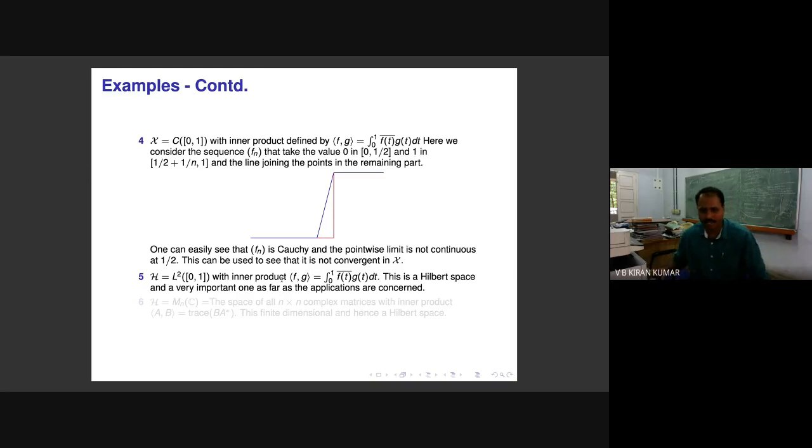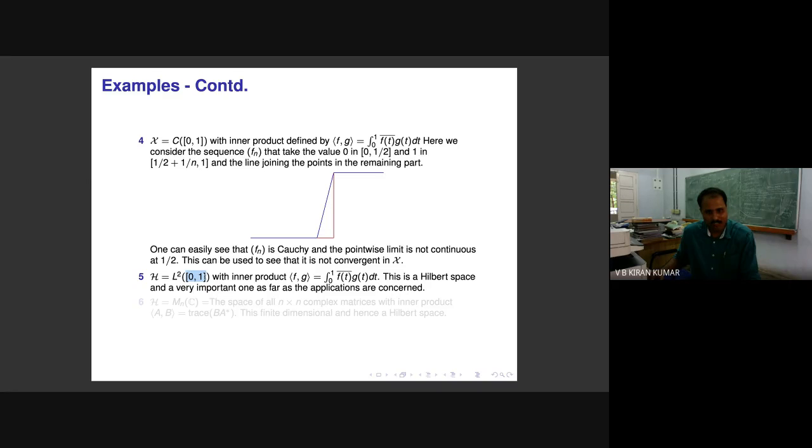But let me mention one more thing. Here I only introduced L2 of the closed interval [0,1]. But this you can change to any arbitrary interval, for example, minus pi to pi or 0 to pi. Or you can even go beyond finite measure spaces. You can consider L2 of R itself.